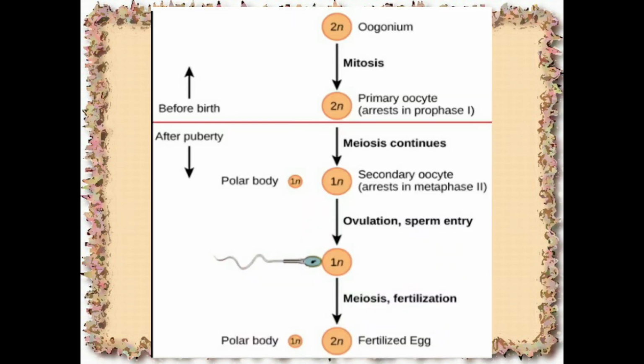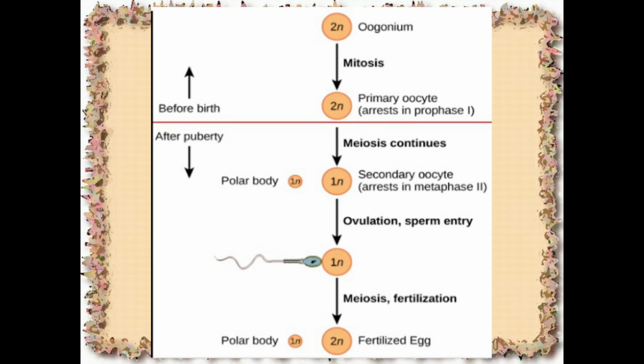Starting from the oogonia, the primordial germ cells, they undergo mitosis to form the primary oocytes. When the mitosis ceases, those cells are called the primary oocytes. Then the primary oocyte undergoes the first meiotic division, which gets arrested in the prophase.